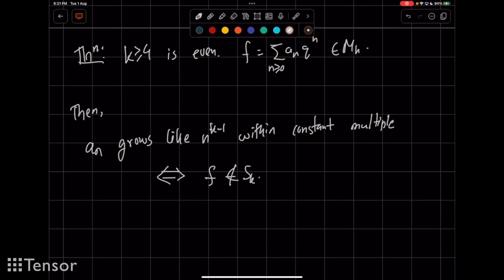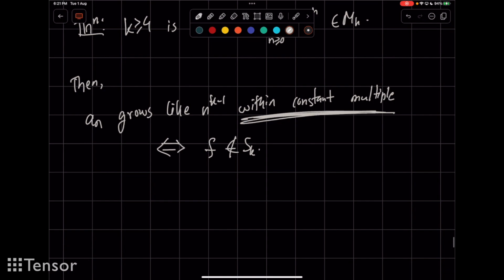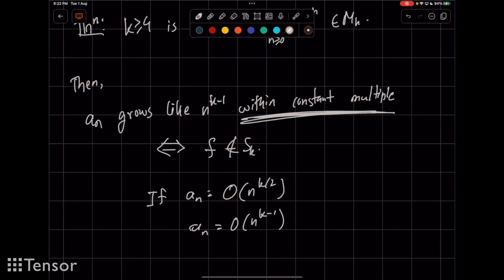So we have already seen one direction of it, that is, if a_n grows like n to the k minus 1, then it cannot be a cusp form, right? Because here we have written within constant multiple. So if a_n is of order n to the k minus 2, then obviously it's of order n to the k minus 1 as well.